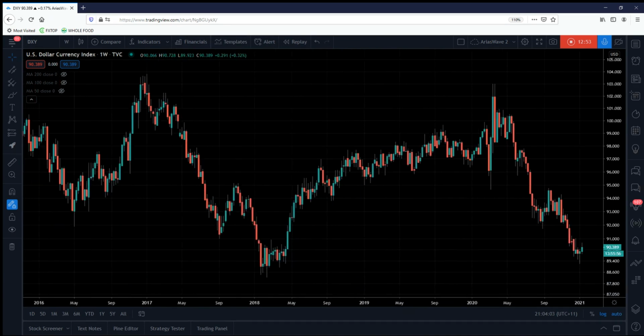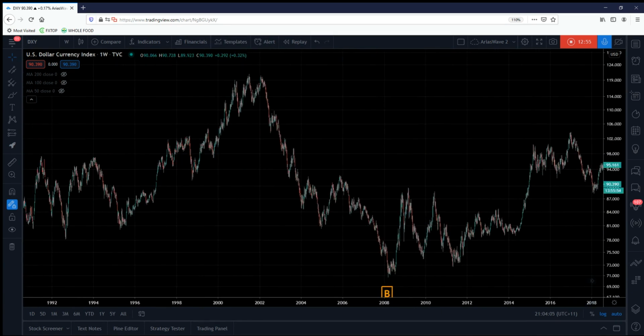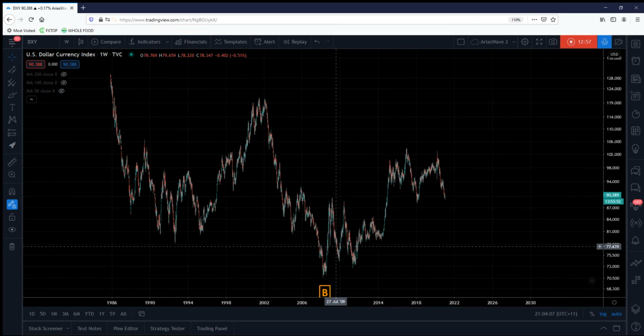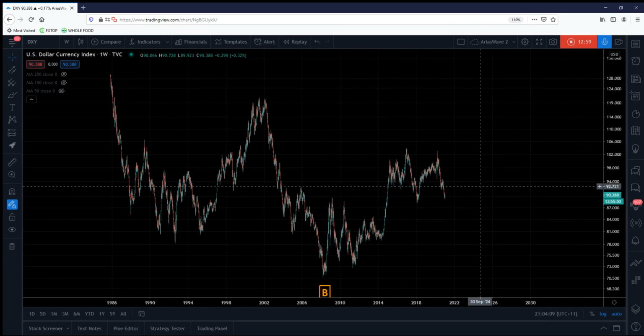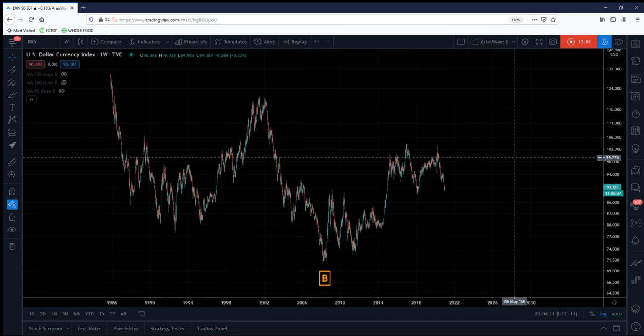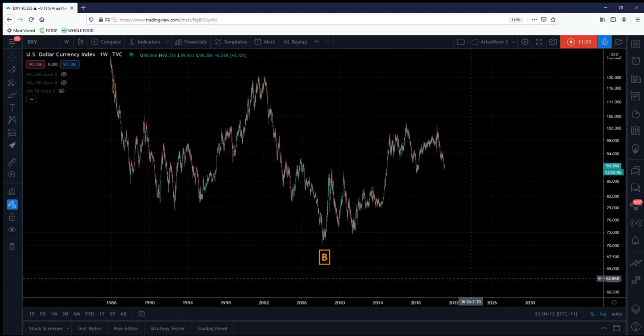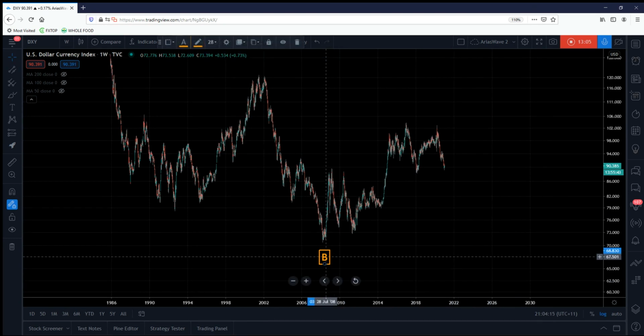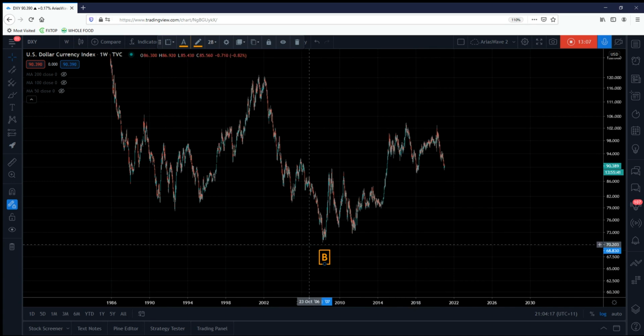All right, long term. Now, obviously, we don't have much data on the DXY or the Euro USD, but what do you think this pattern is? It's a B wave down here. The same thing is going on here, right? Yes, it bottomed a little bit earlier here, but it doesn't mean a damn thing, right?